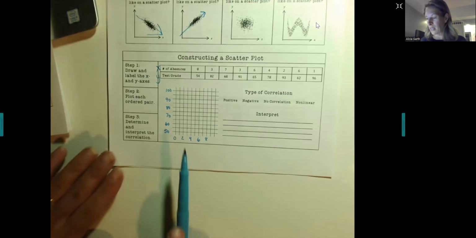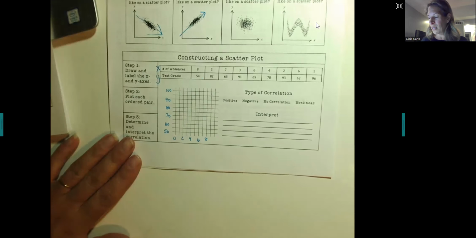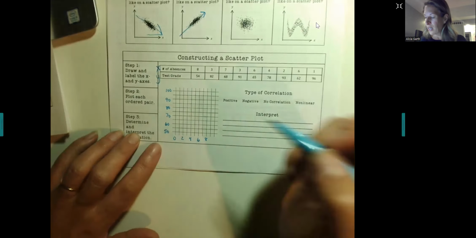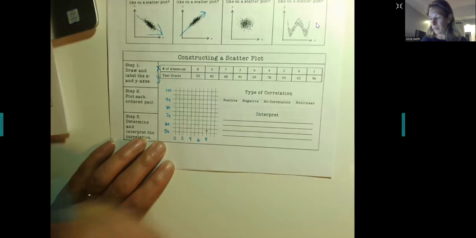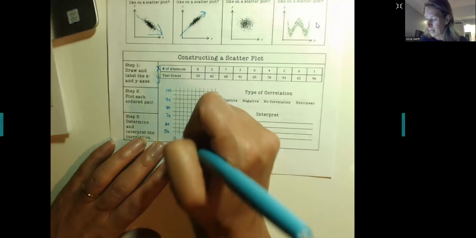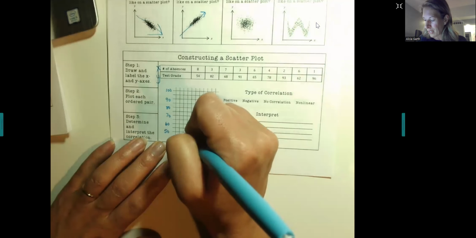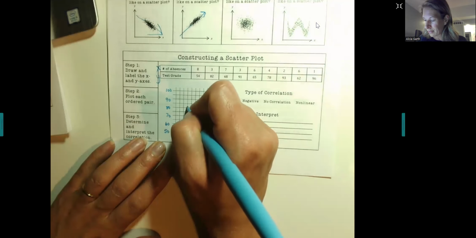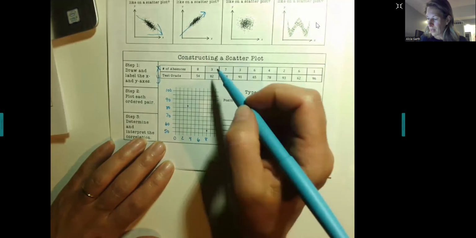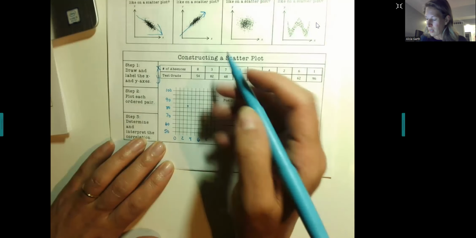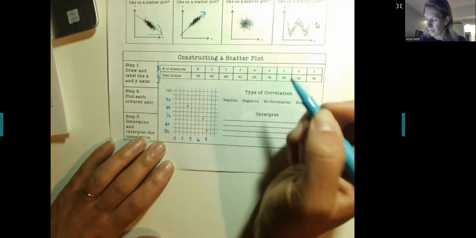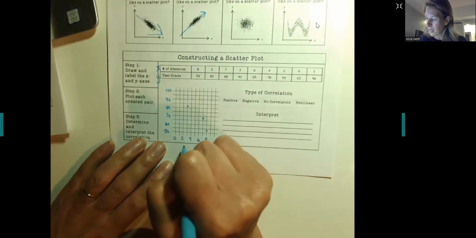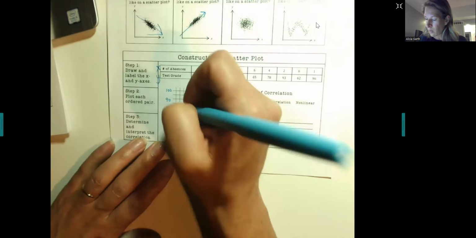Now we're just going to plot these. Here I have, if you missed 8 absences, then you got a score of 54. If you missed 3 days in my class, you get a score of 82. 7 days in my class, a score of 68. If you missed 3 days, a score of 91.